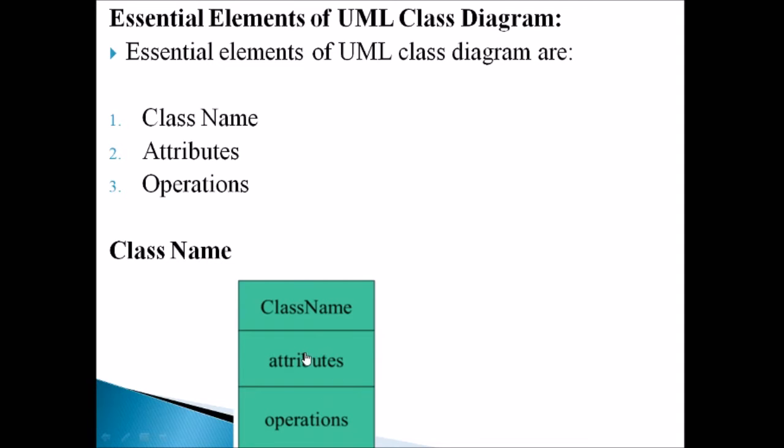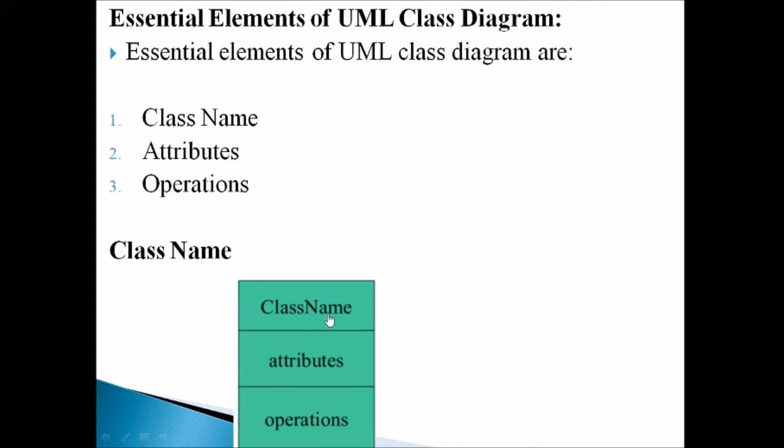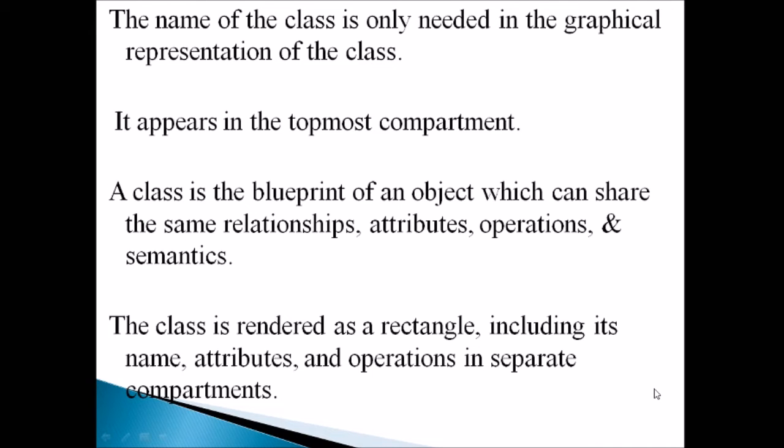So this is a diagram where first it is having class name, second one is attributes, the third one is operations. The name of the class is only needed in the graphical representation of the class. Other than that, it is not necessary. It appears in the topmost compartment. As we see in this diagram, the class name is placed in the topmost compartment. A class is the blueprint of an object which can share the same relationships, attributes, operations and semantics.